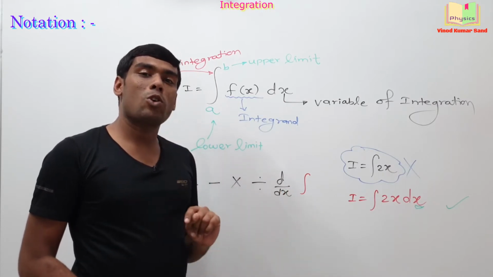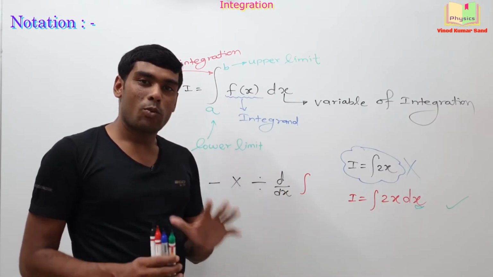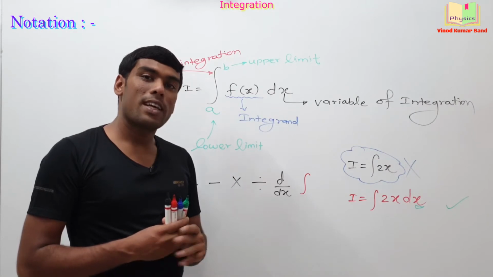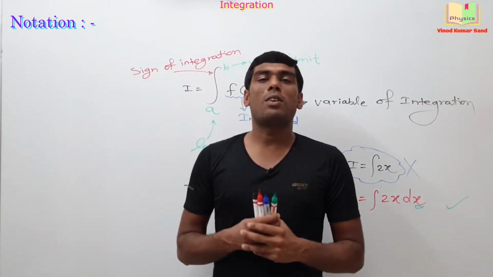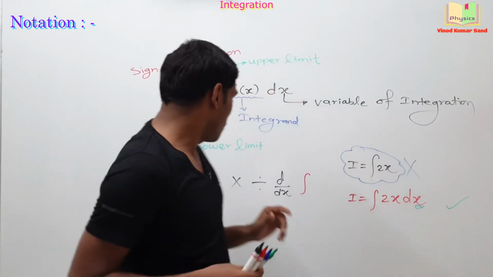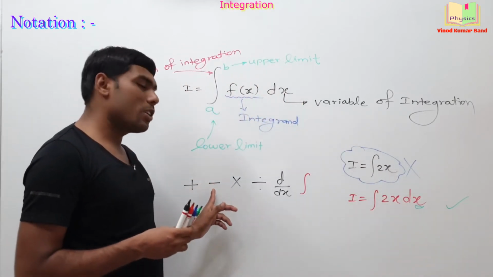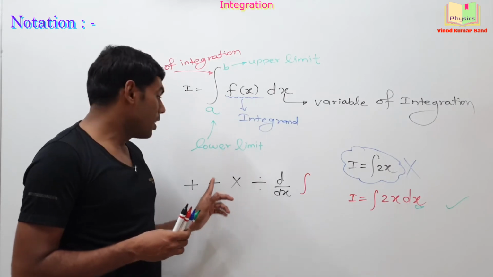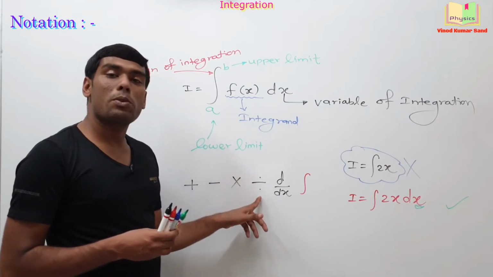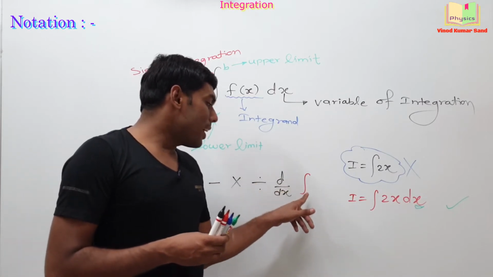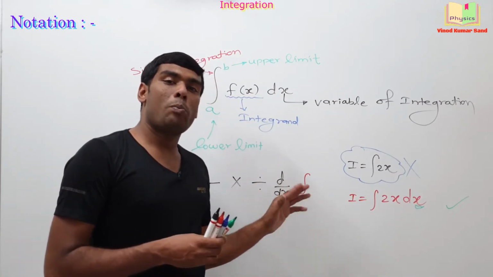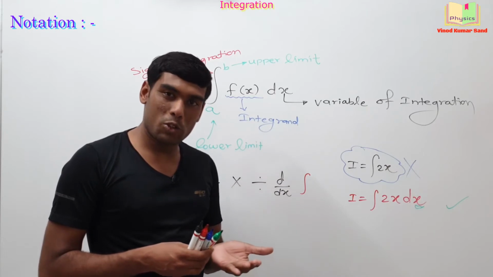They are inverse operators of each other. What do we mean by the inverse operators? In mathematics, for every operation, there is inverse operation defined, such as for addition, the inverse operation is subtraction. For multiplication, the inverse operation is division or vice versa. Similarly, the integration is the inverse operation of the differentiation.